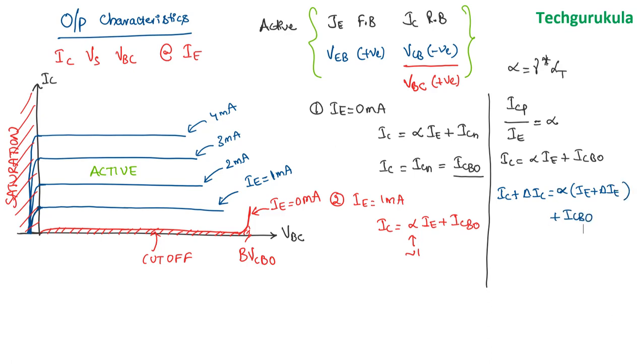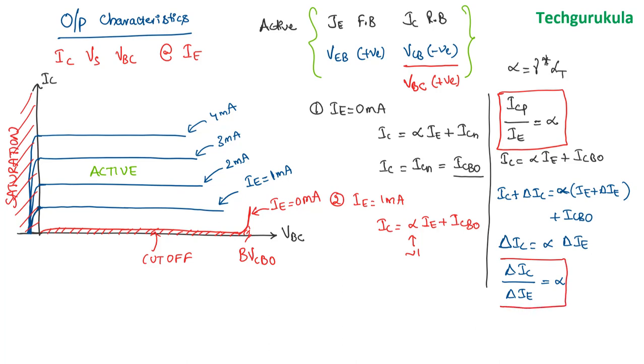If you take the variation of collector and emitter currents, we can write delta IC is equal to alpha times delta IE, which means delta IC over delta IE would be equal to alpha. If you note here, we have alpha, which was defined based on the DC value of currents, and here alpha is defined in terms of the variations in collector to emitter current.